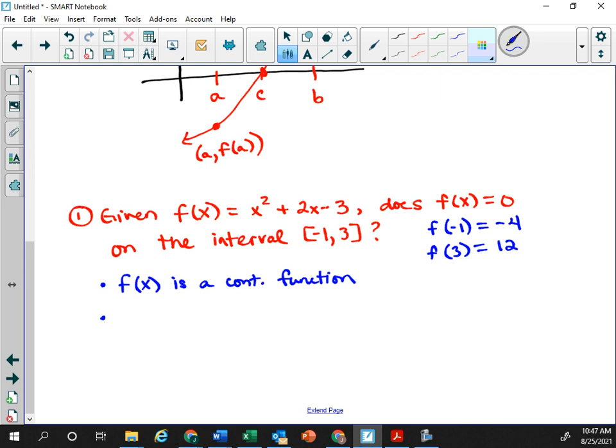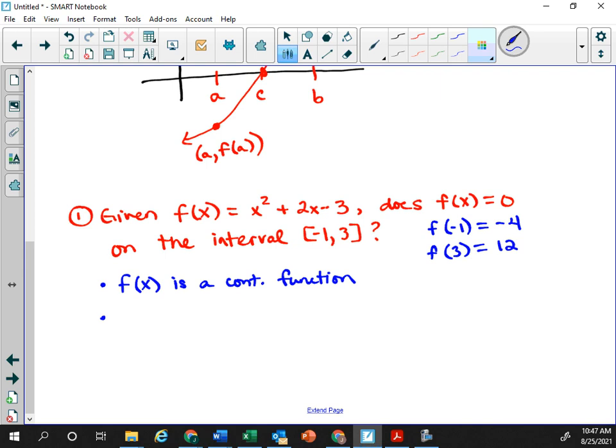All right, the next step is talking about the y values, and you have to put them in order. So your two options here are f of -1 and f of 3. Ours is nice, f of -1 is the smaller one, f of 3 ends up being the bigger value. Sometimes it'll be switched, sometimes it'll go from a positive value to a negative value. So you have to make sure you write the correct inequalities.